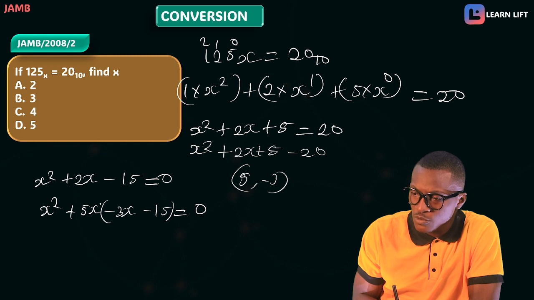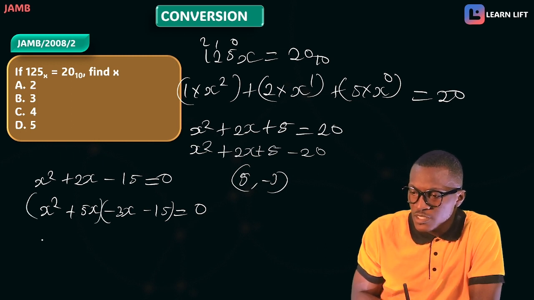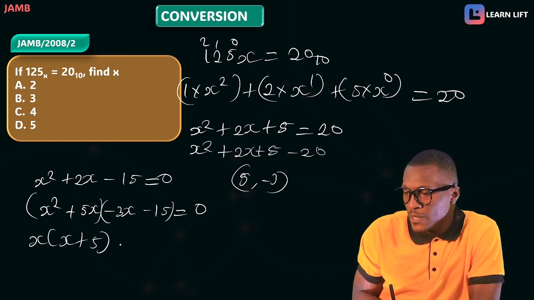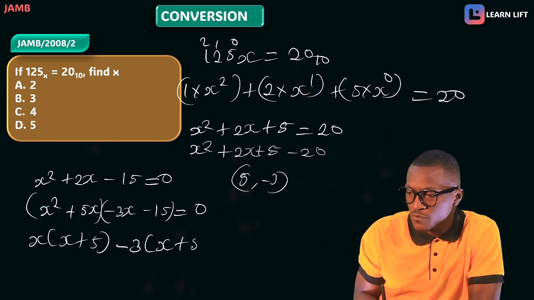We're going to group, right? You know your quadratic equation, right? So x is common, that's x into x plus 5. Minus 3 is common, that's minus 3 into x plus 5 equal to 0.